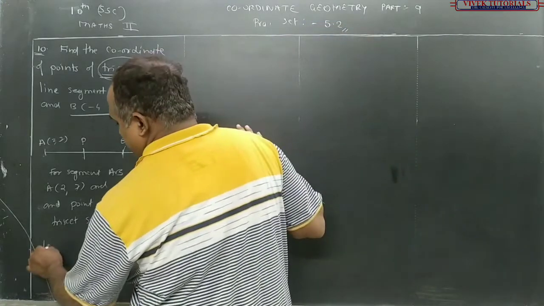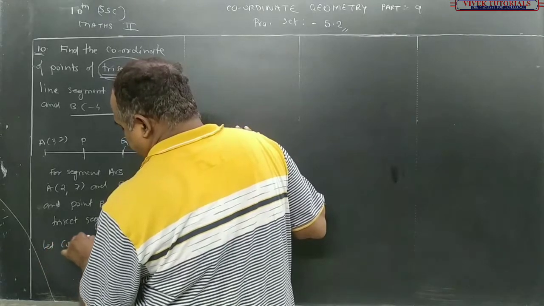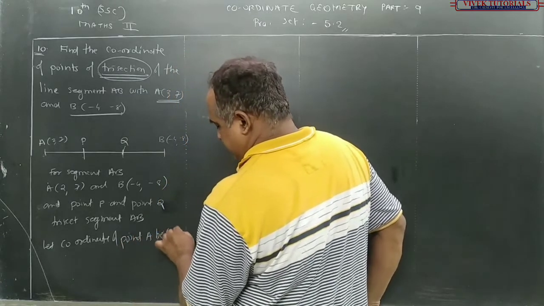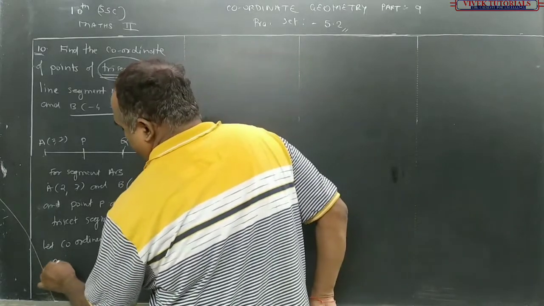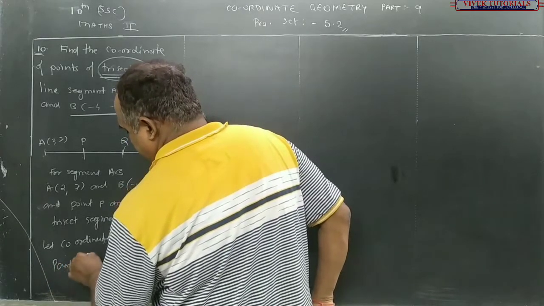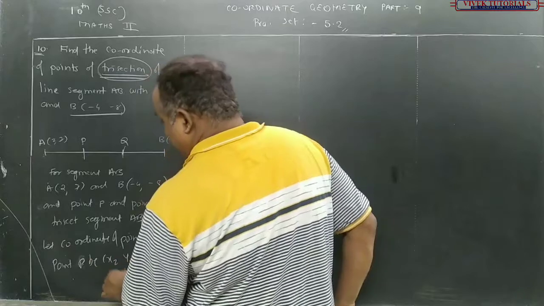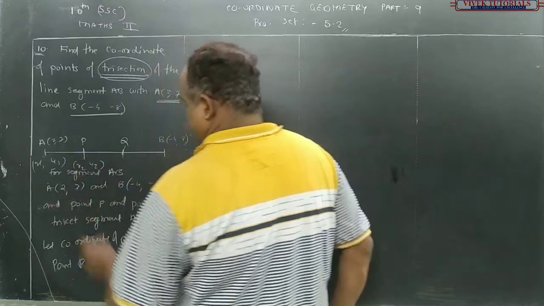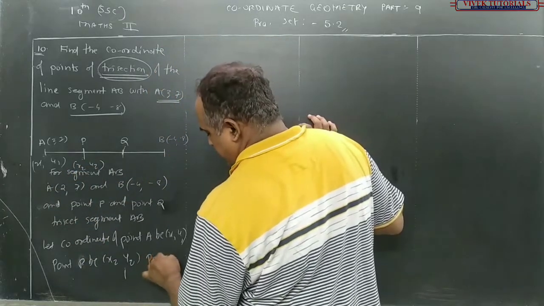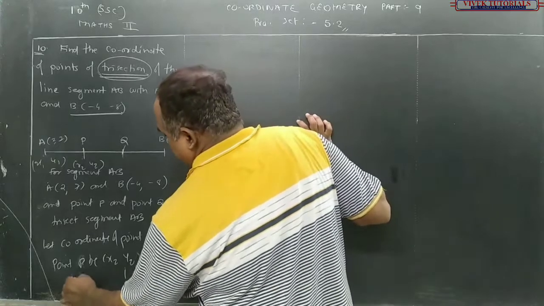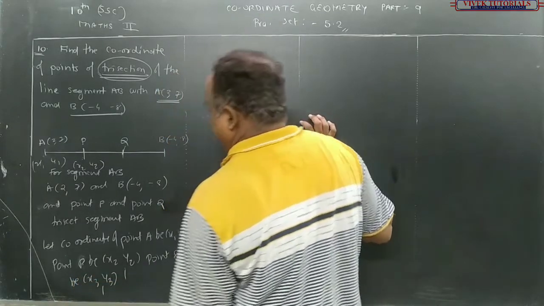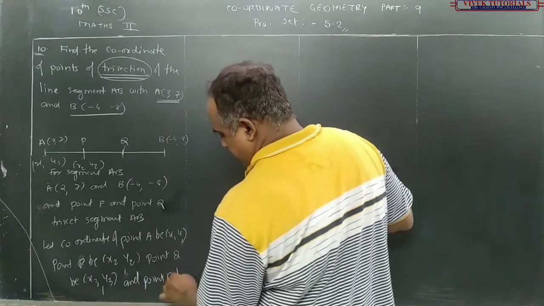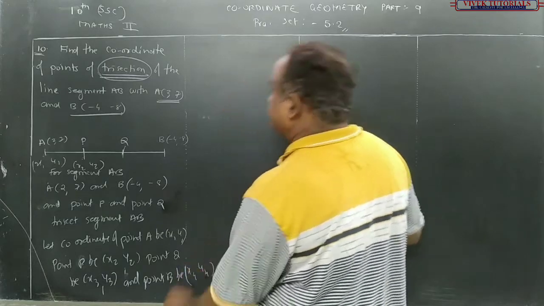Let the coordinates of point A be x1, y1, point P be x2, y2. This is x1, y1. This one is x2, y2. Point Q be x3, y3, and point B be x4, y4.